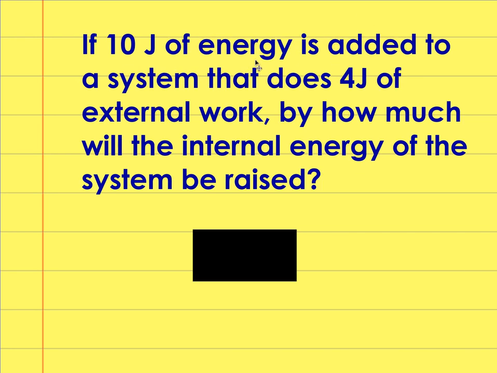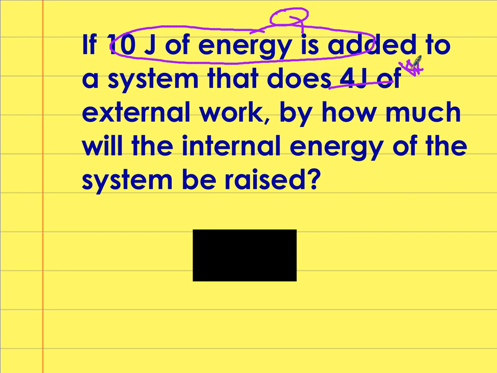Now, if 10 joules of energy is added, that's going to be Q, to a system that does 4 joules of work. So this is the work. Now, is this work on or is this work by? This has got to be work by, because it does 4 joules of external work. So it's sending it out of the system.